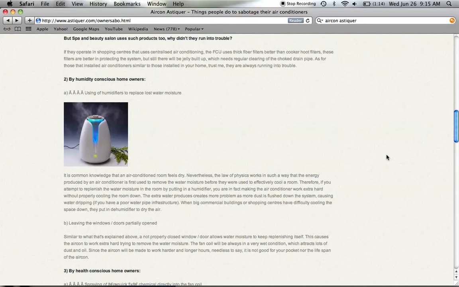In one given night, the aircon can remove about 5 to 10 liters of water. How much water do you put in the dehumidifier or the humidifier? Whatever you put inside there is just going to be removed by the aircon, causing the aircon to work harder, and at the same time not cooling down the room properly.